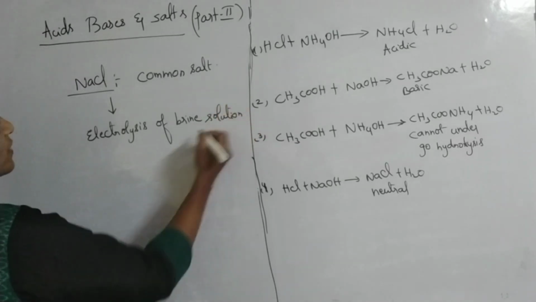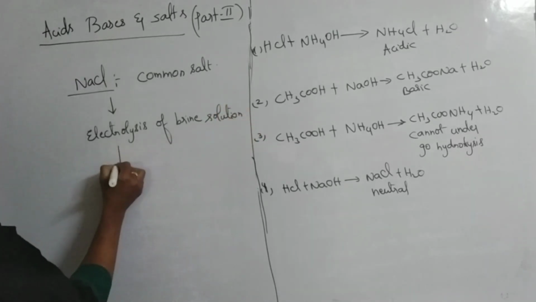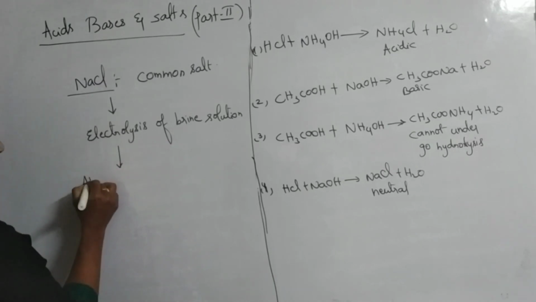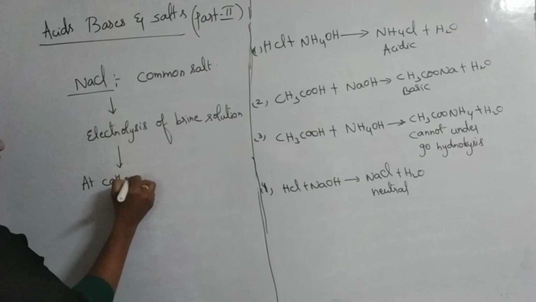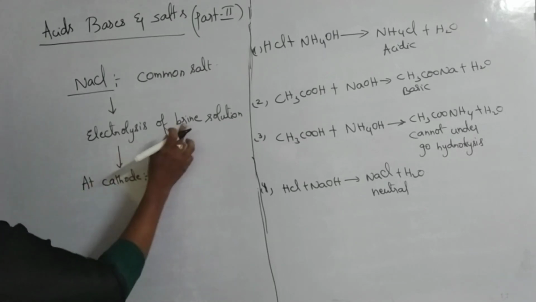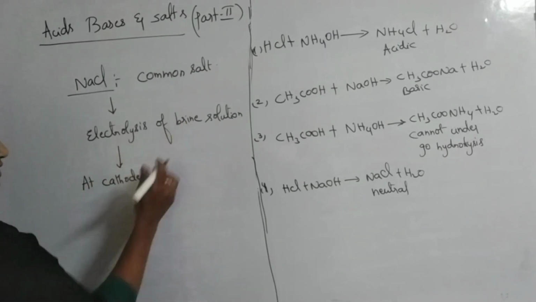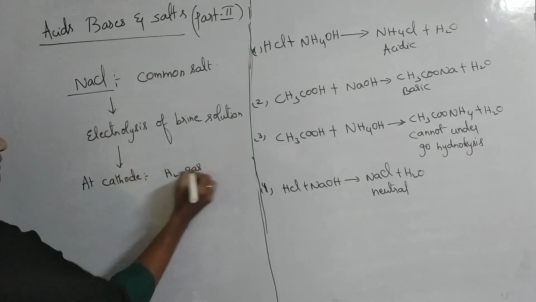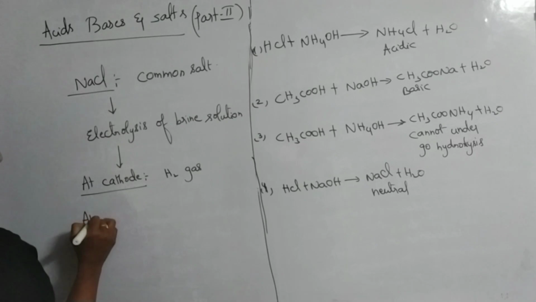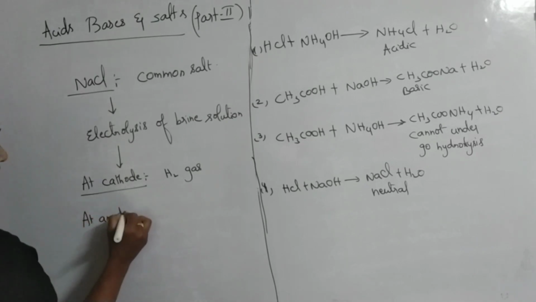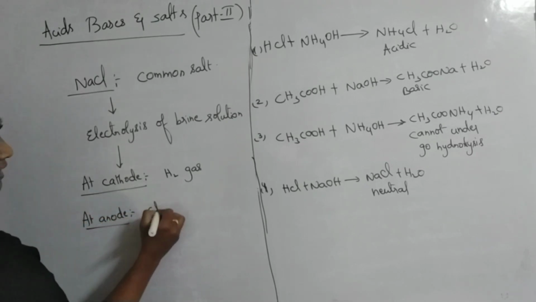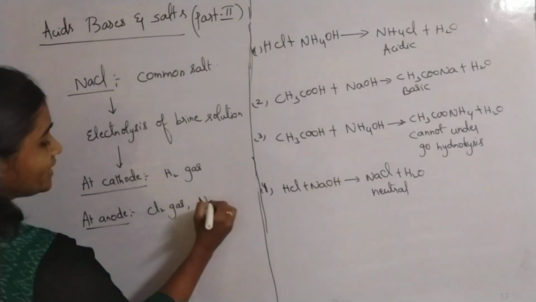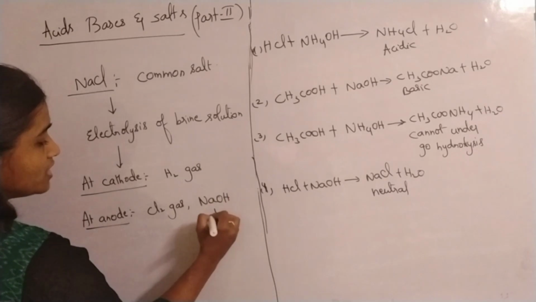If you perform the electrolysis of brine solution, hydrogen gas will be liberated at the cathode, and at the anode you will be getting chlorine gas.